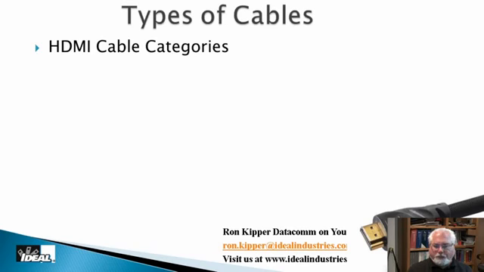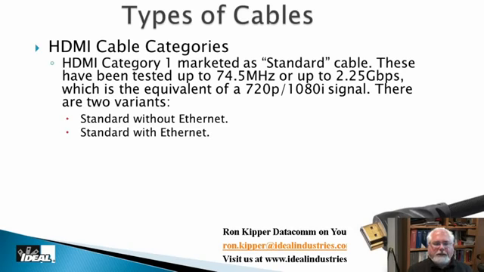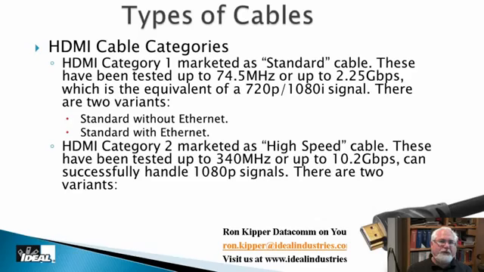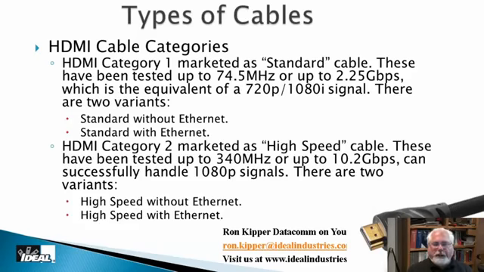Now, what's the difference between these? The HDMI standard stuff is only going to get us up to 1080i. Performance is not going to get us up to 1080p. We have to go to the high-speed stuff to get us up to the 1080p formatted videos and things like that. So that's the main difference between the two.